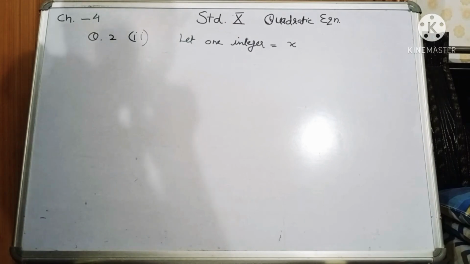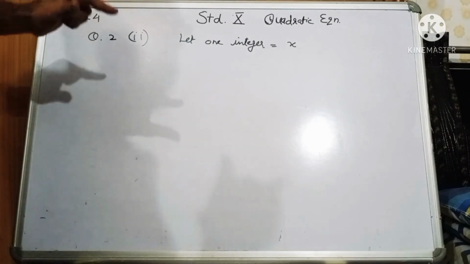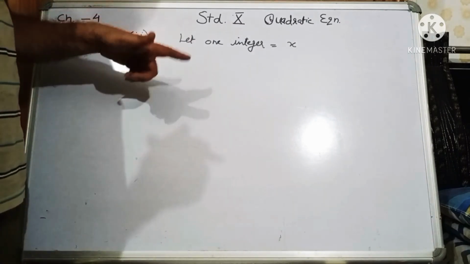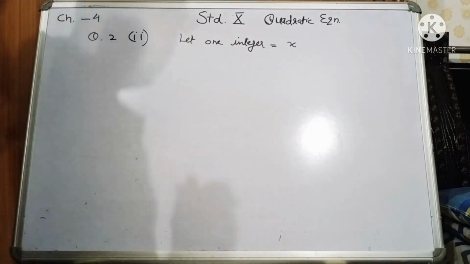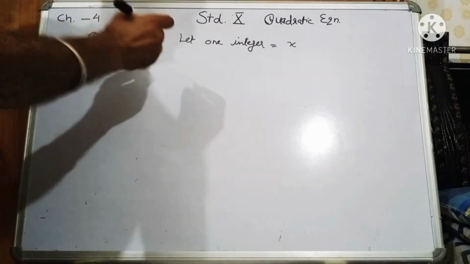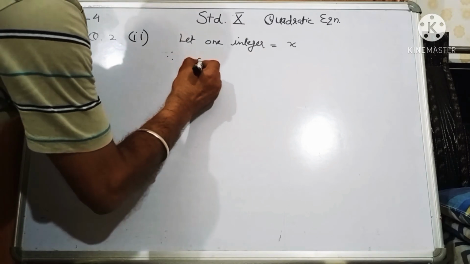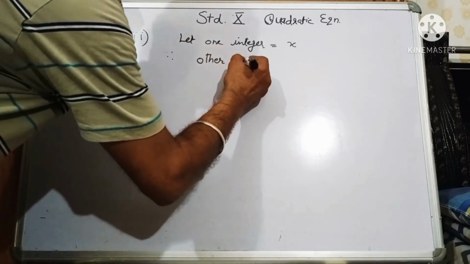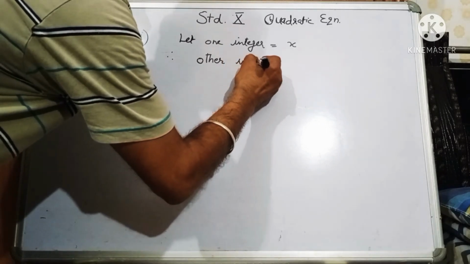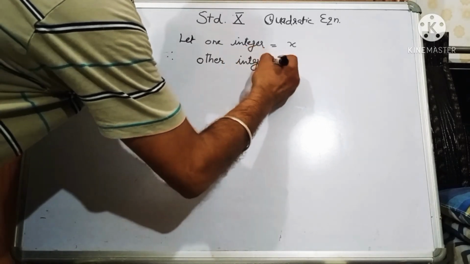Therefore, the other integer will be, as it is consecutive, one more or one less than this integer. So that may be x plus 1 or x minus 1. Any one you can take. Therefore, the other integer will be x plus 1.